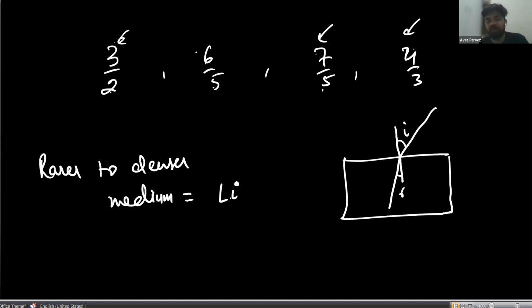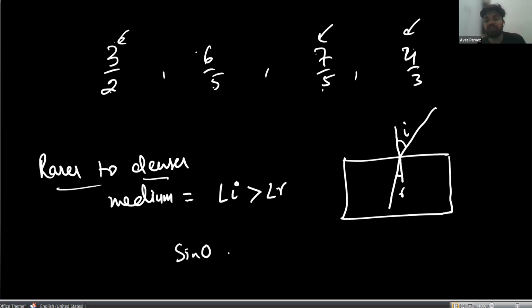Why? Because the angle of incidence I will always be greater than the angle of refraction R. Rarer to denser, light bends towards the normal, so the value of R decreases.